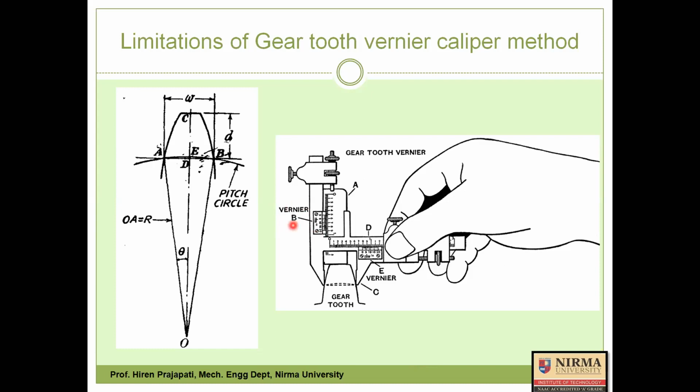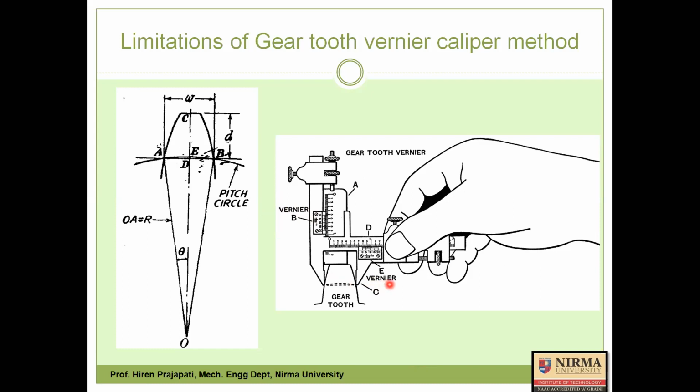So I need not change the value on vernier B again and again; I just measure every time using vernier E.